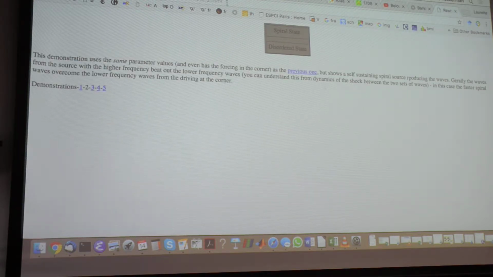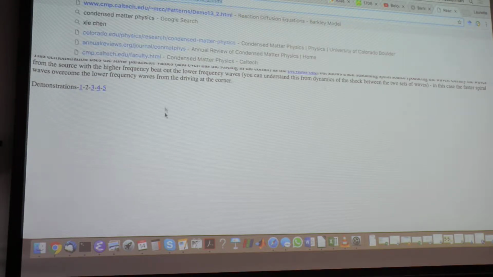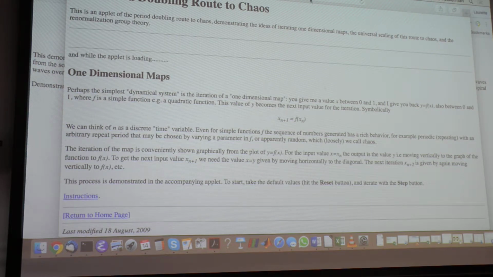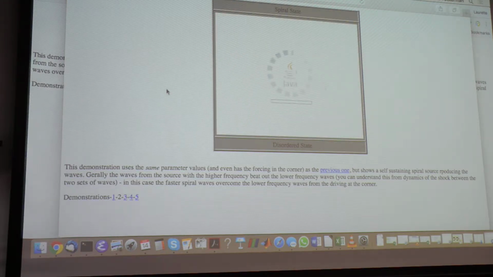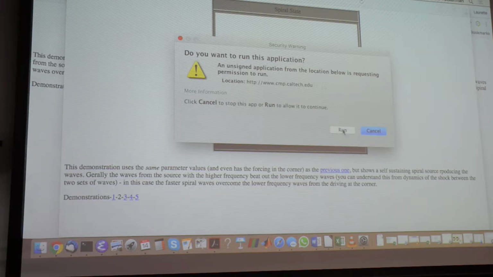No, I can't do it like this. I cannot do it in Chrome. I have to do it in Safari. So it's hit or miss. Yes, I want to run it.